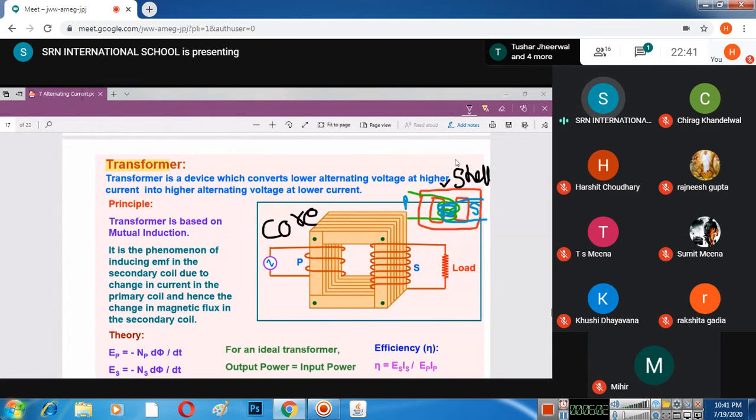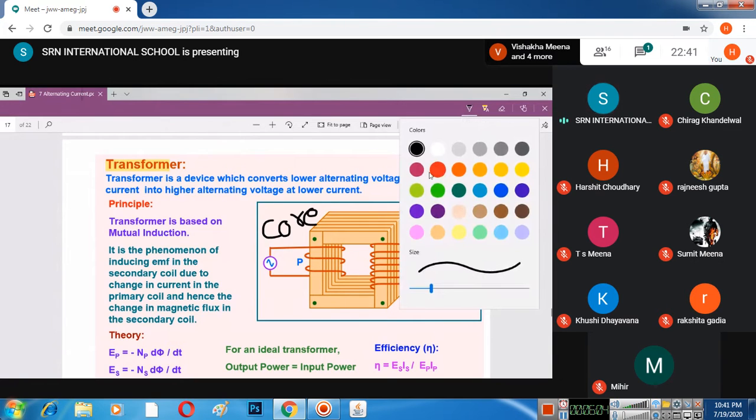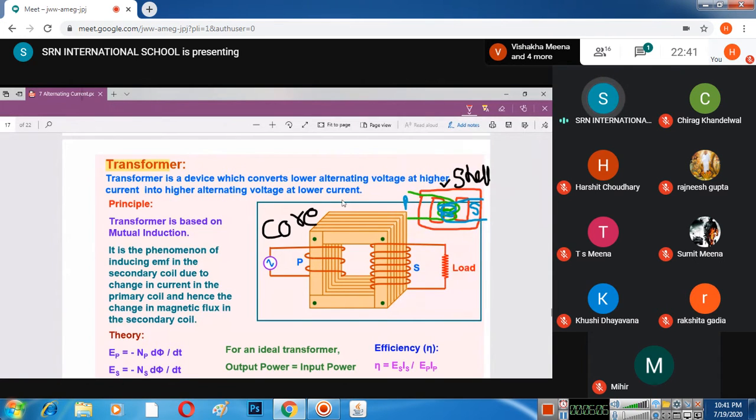But the core type transformer is used outside, just like the transformer you have seen outside our school campus, and inside our school campus there is a transformer. That transformer is a core type transformer. Usually they are big in size. That means their capability is high and their durability is high.